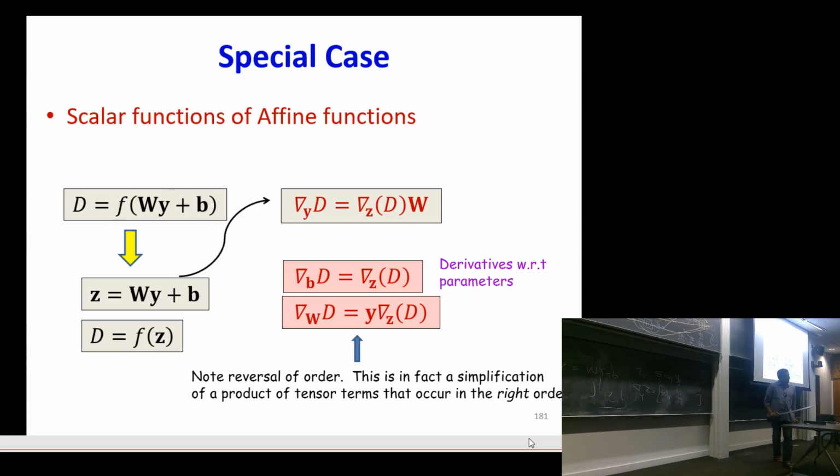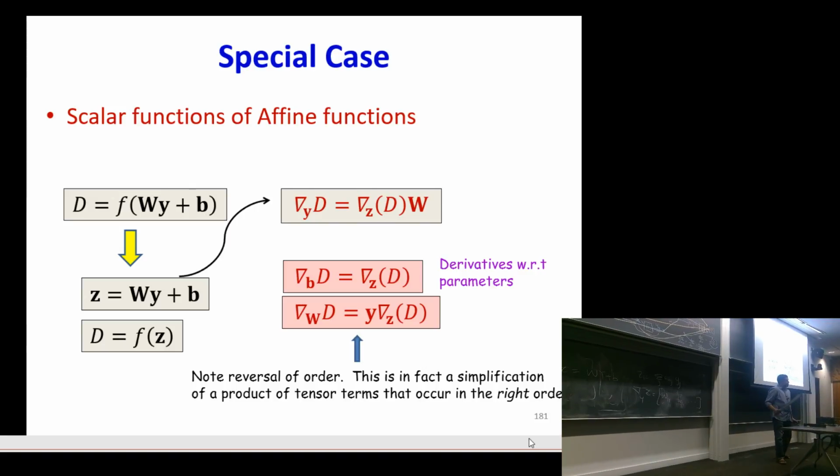Correct? And the derivative of z with respect to y we just saw was the weights matrix W. So the derivative of d with respect to y is just the gradient of d with respect to this inner term times W. So this is easy, nothing big.